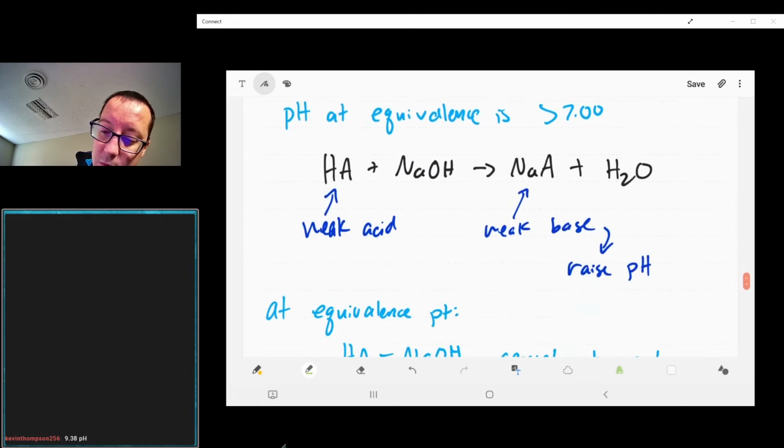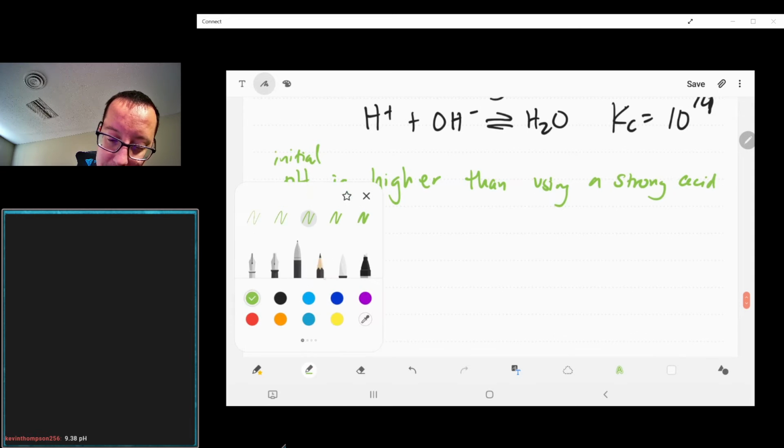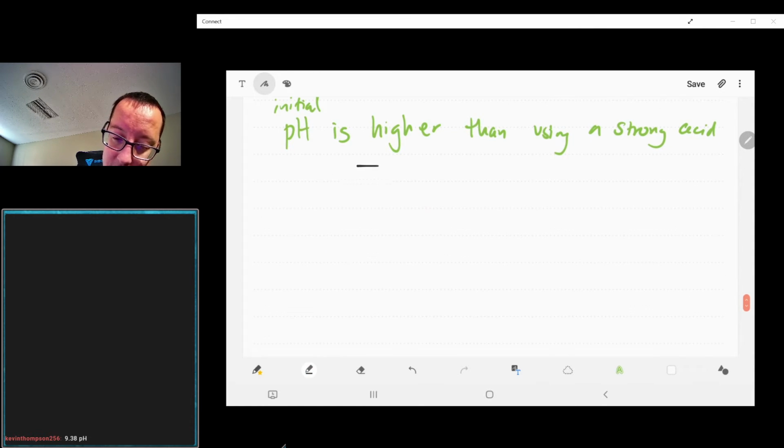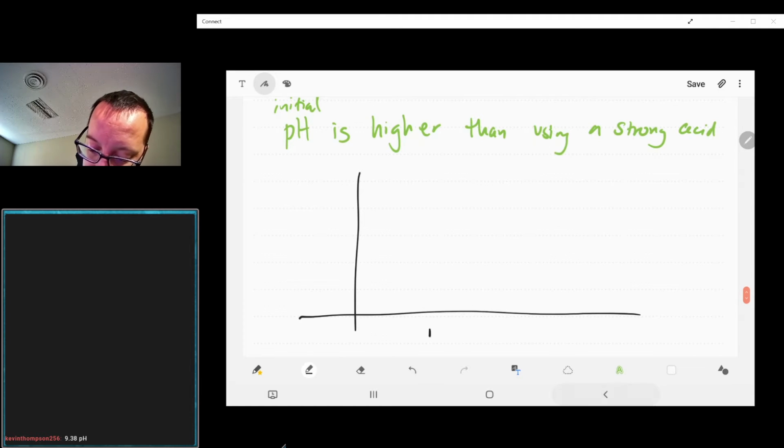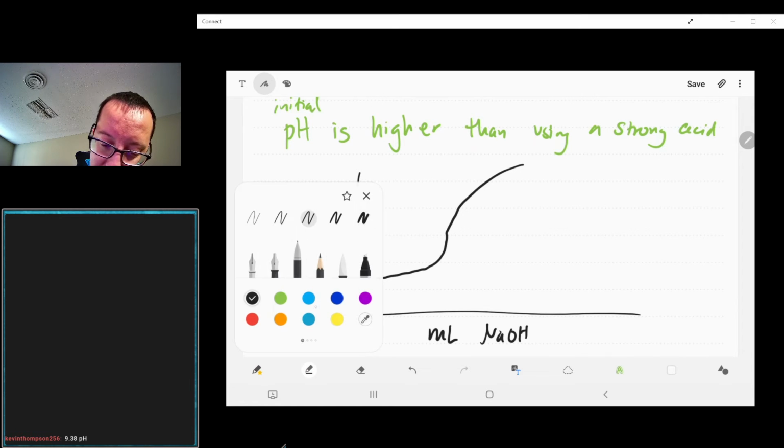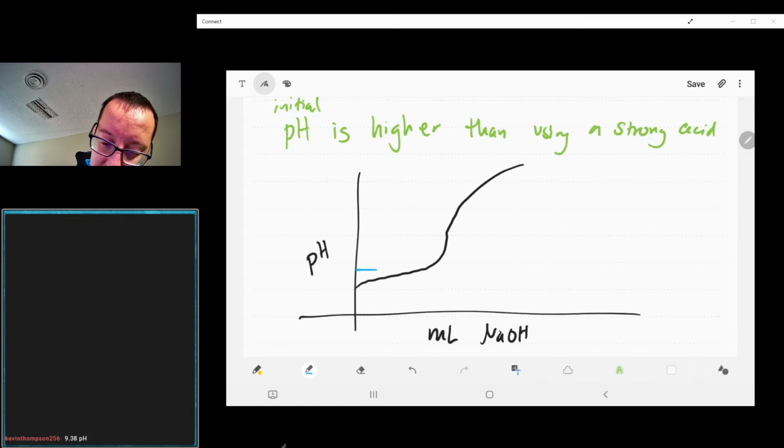All right, let's do one more graph here, just comparing some weak acid stuff. Same graph. We're going to see that we can have the same graph happening with different acids.